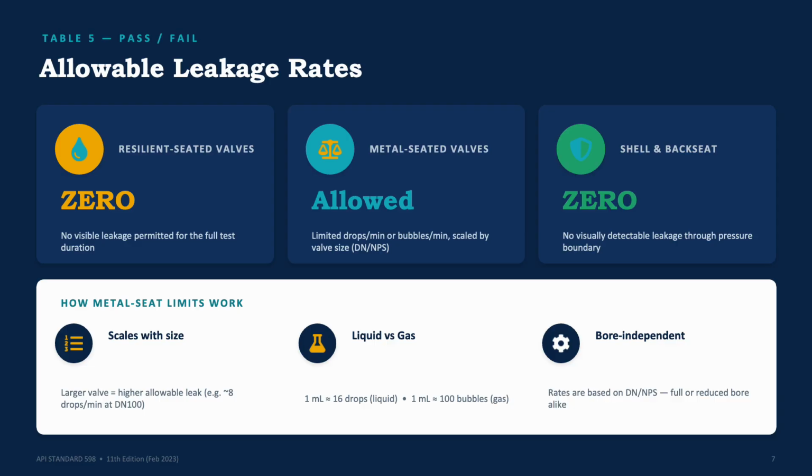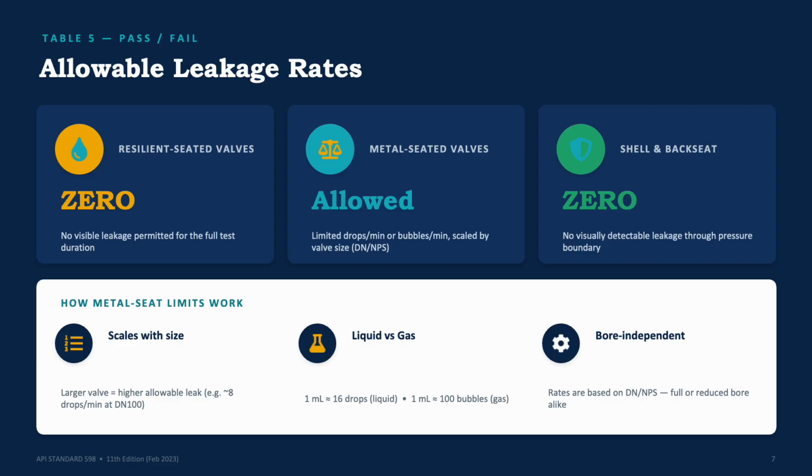Allowable leakage rate. For regular seated valves it is 0; no visible leak is permitted for the full test duration. For metal seated valves, a limited drop or bubble count is allowed, scaled by the valve size.